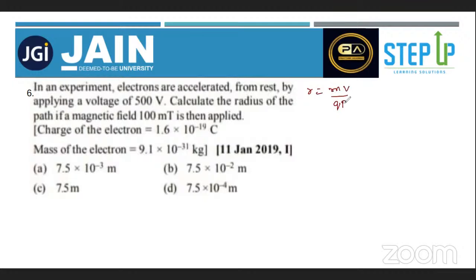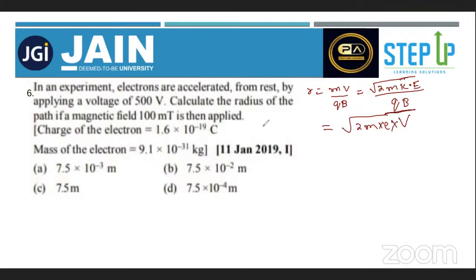Now, because they have given you the voltage, and electrons are accelerated in the experiment, I can write mv as equal to root of 2mK, where K is the kinetic energy, upon qB. The kinetic energy for an electron accelerated with potential V is given by e into V. So I can substitute in place of kinetic energy e, the charge on the electron, into the voltage. This is not velocity, this is voltage.